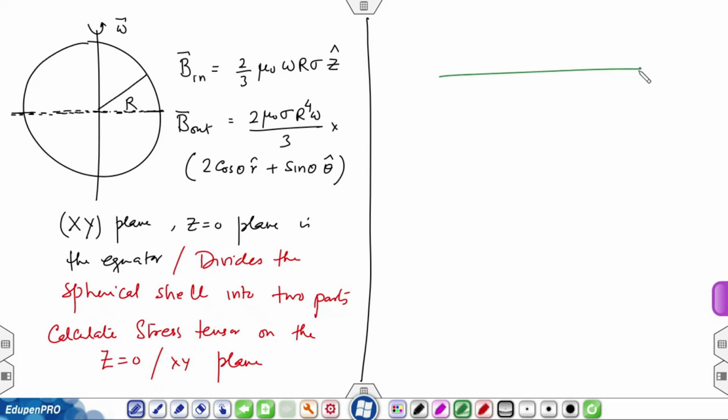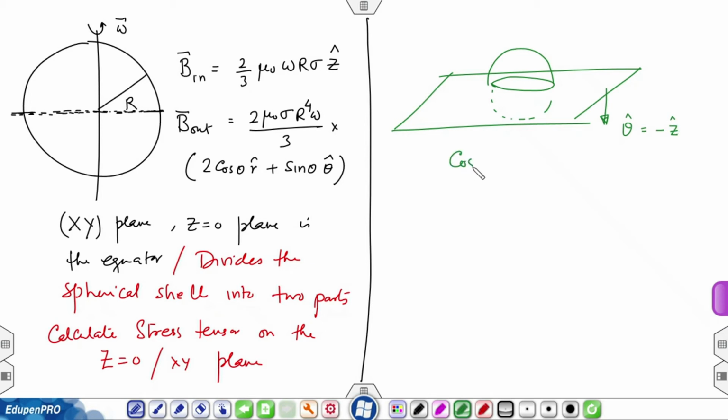So, here is the xy plane, here is the hemisphere on top, and here is the hemisphere on bottom. On the xy plane, theta direction is the same as minus z. On the xy plane, cosine theta is cosine of 90 degrees, which is 0. Sine of theta is sine of 90 degrees, which is 1.